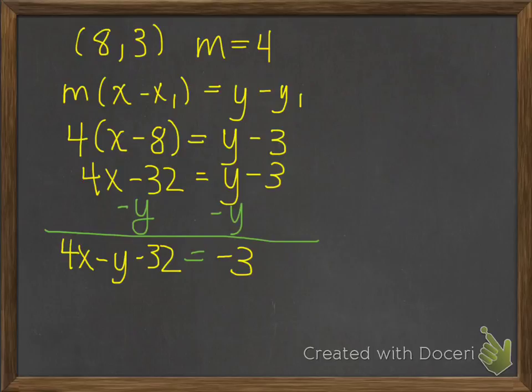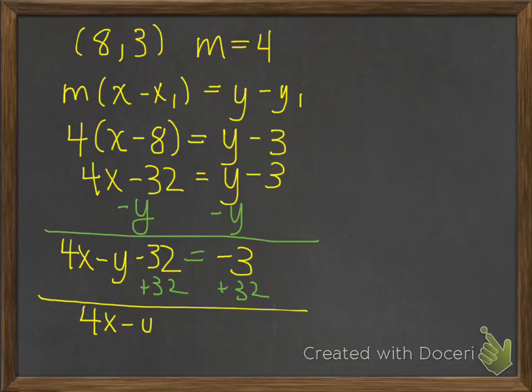All right, so all that's left now is to move the 32 over, add 32, and we get 4x minus y is equal to 32 minus 3, which would be 29.